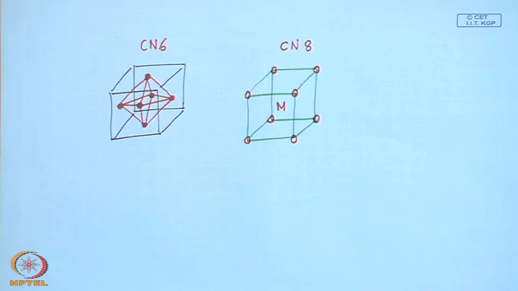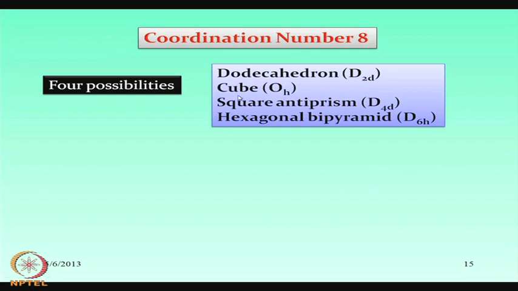So, the metal will be at the center. One such arrangement is the cubic arrangement, which symmetry-wise has a symmetry level of OH also.